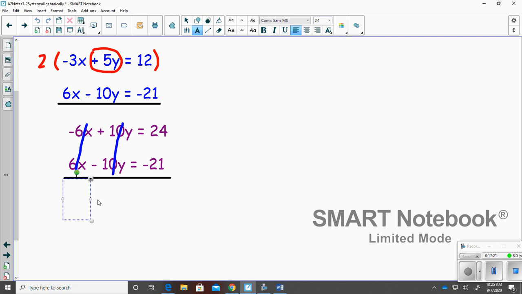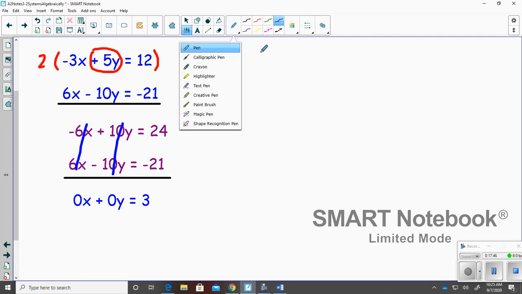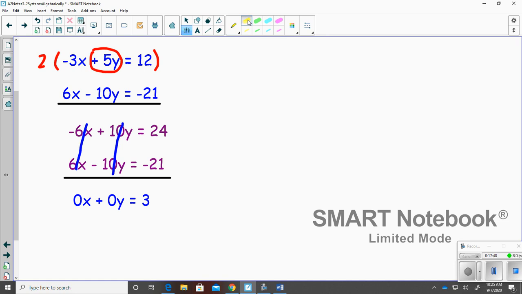And so when I don't have a variable left, I have to write that down to show the reader that I'm really missing a letter right now. There's no x and there's no y. But I still have to finish the problem because it says I have 24 and then a negative 21 on the bottom. Well, if I subtract 24 minus 21, that gives me a positive 3 back. Okay, so what I'm looking at right now is 0x plus 0y is equal to 3.